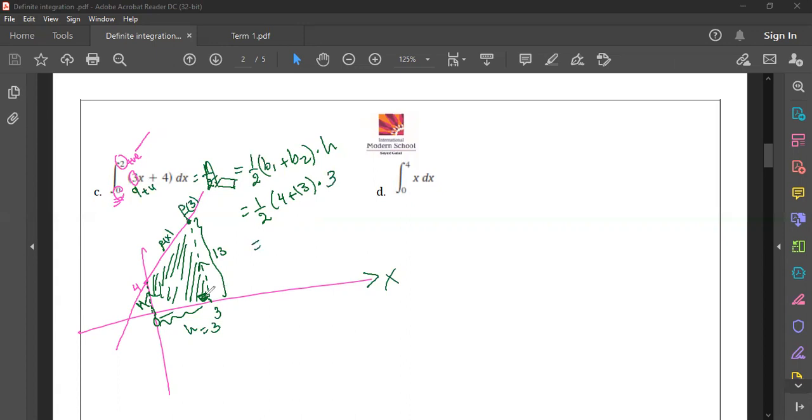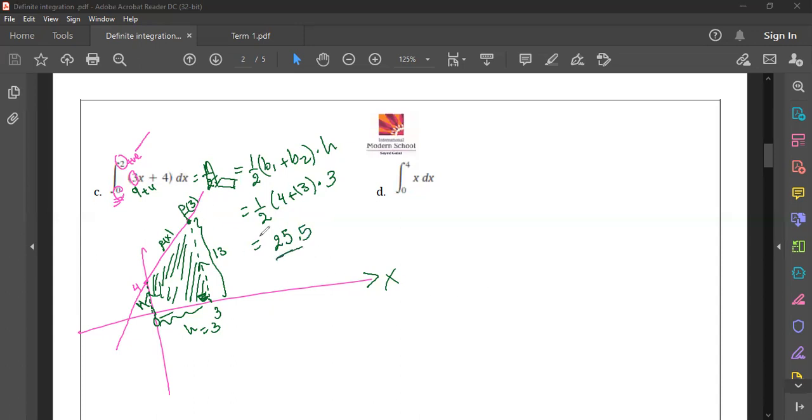Okay, just use your calculator. I use it to find the answer. It will be 17 divided by 2 multiplied by 3. It will be 25.5. I think it's so easy.